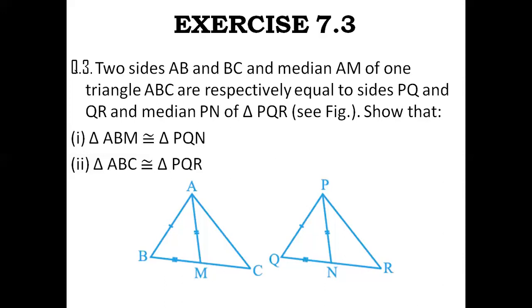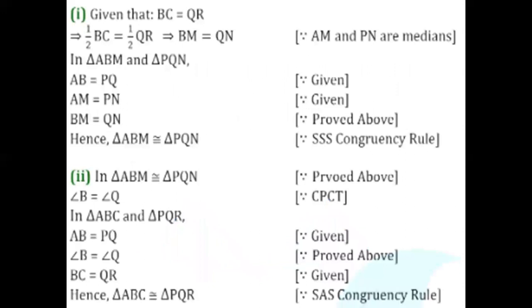Let us use this figure and get to the solution of this question number 3. Now, given that BC is equal to QR, the halves should also be equal. That is, half of BC should also be equal to half of QR. Who said that?